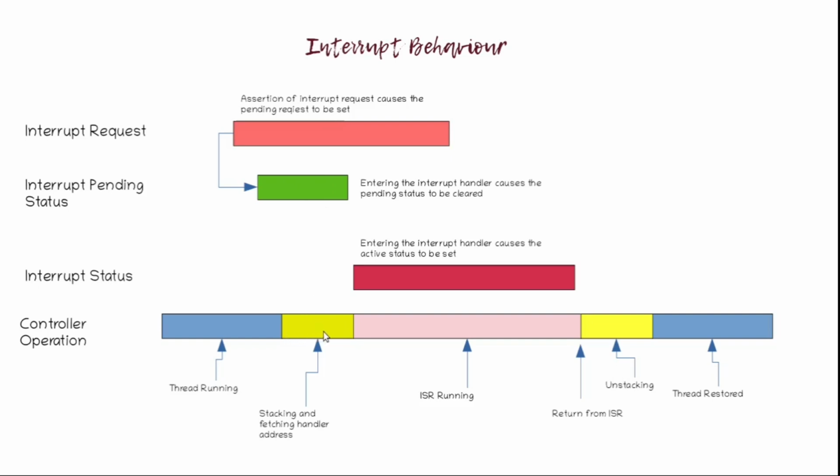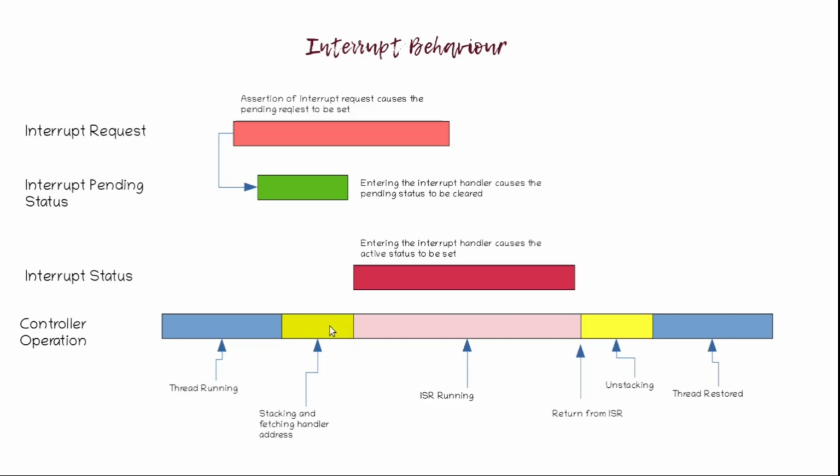Like we discussed, we have a thread running in the main, and once the pending bit goes high, some stacking operations happen here. That is, some registers are pushed onto the stack automatically. As we discussed, it is not the responsibility of the programmer to push certain registers to the stack. It is all done automatically.